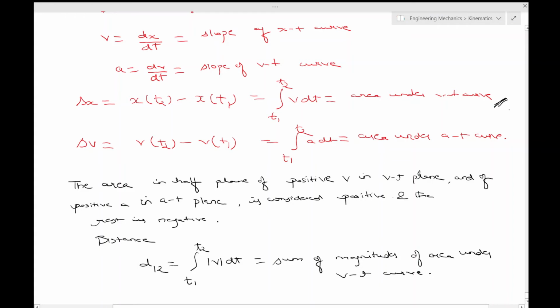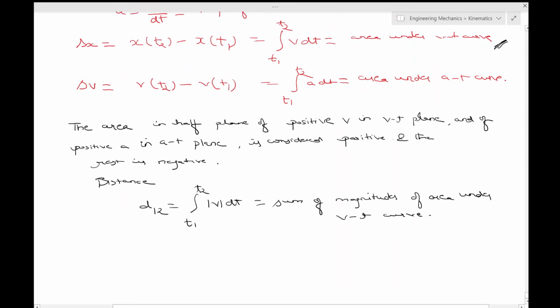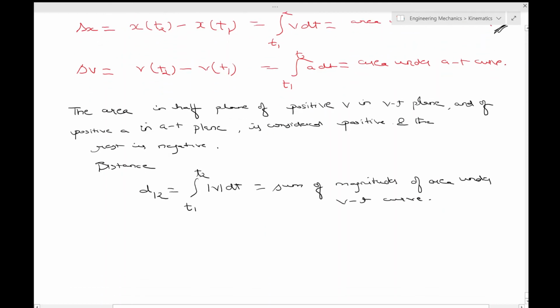So this idea of rectilinear motion is not new to you. You should have known some of these situations. So let me take up one of them.